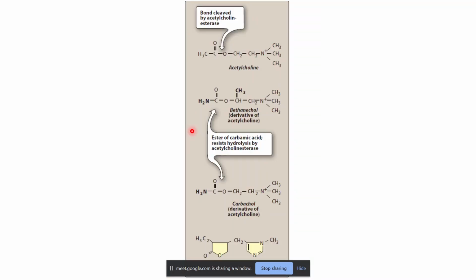The acetylcholinesterase acts on this bond, this is an ester bond, and the acetyl group will be removed, and that will deactivate acetylcholine as well as bethanechol and carbachol.